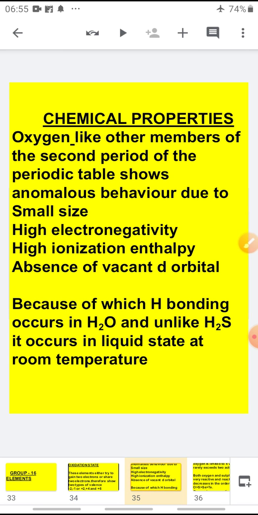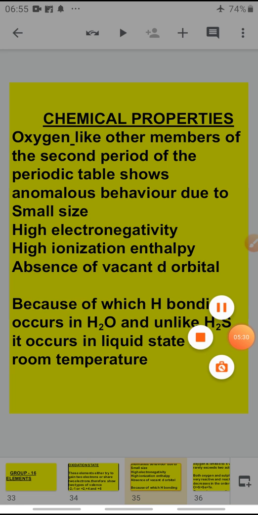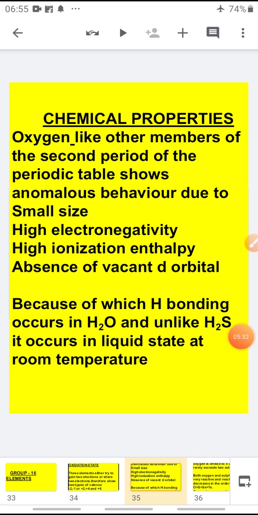Now children, coming to the chemical properties of group 16 elements. First of all, we'll discuss oxygen, as oxygen is very important in this group. All the elements present in the second period of the periodic table are very important. Why? Because of their anomalous behavior. What is anomalous behavior?